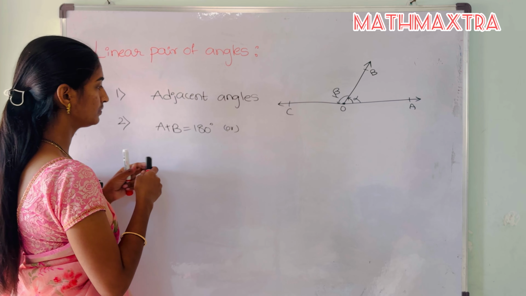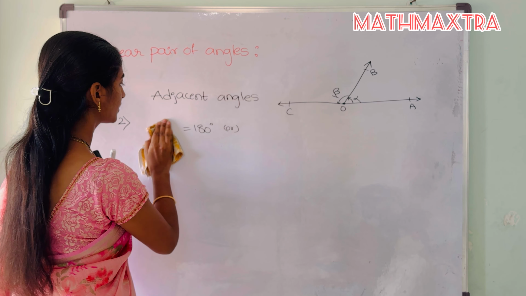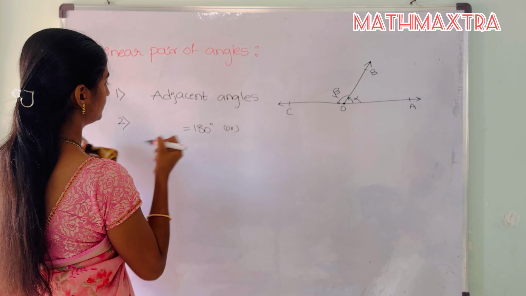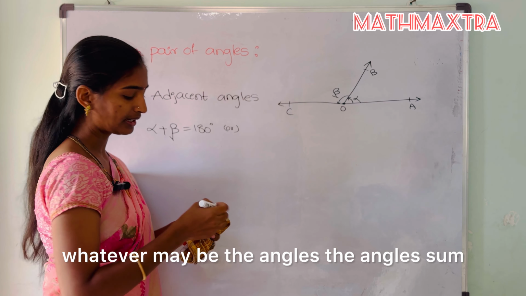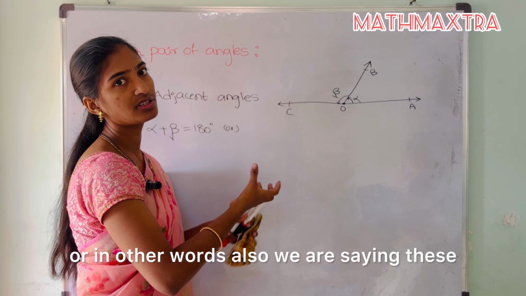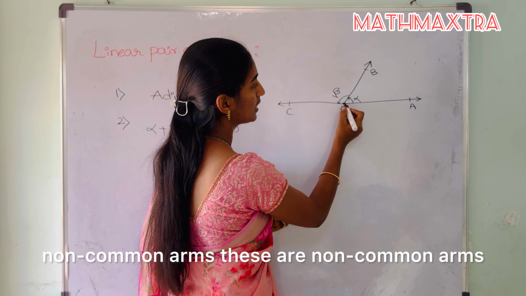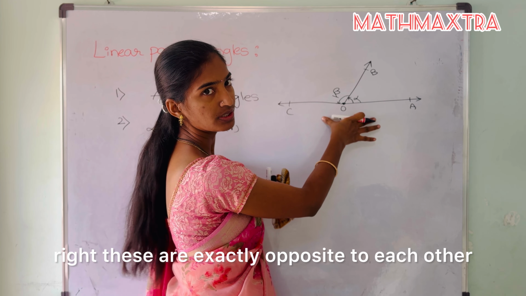So here alpha and beta, whatever may be the angles, the sum must be equal to 180 degrees, or in other words we are also saying these are non-common arms, right? These are exactly opposite to each other.